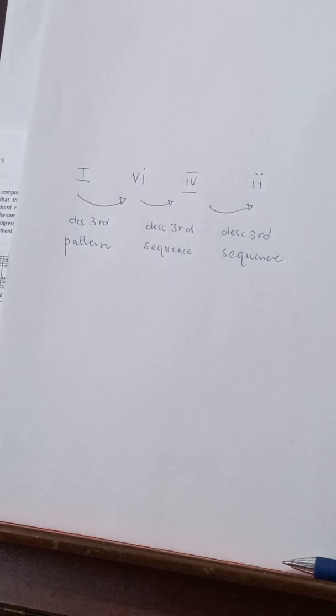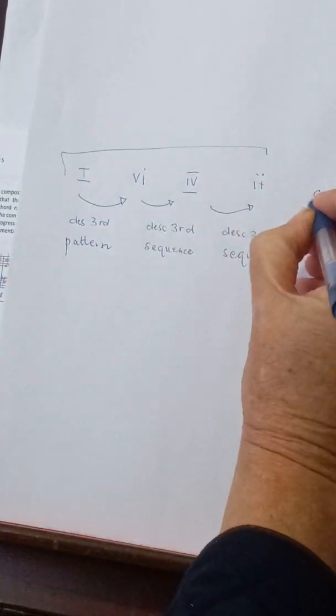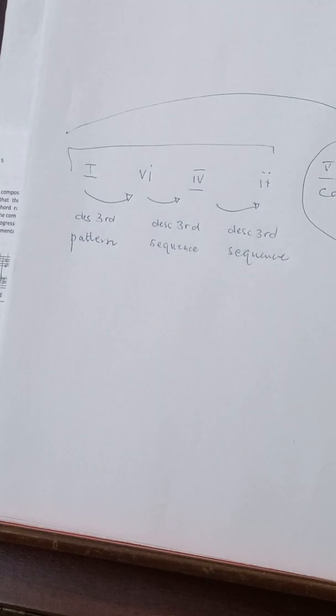Those are the predominants, and then you get your cadence, which has nothing to do with the sequence, it just completes the tonal sentence.